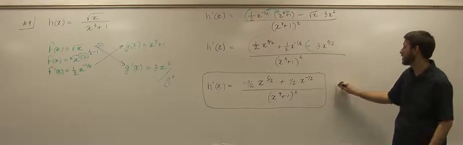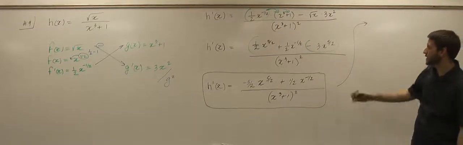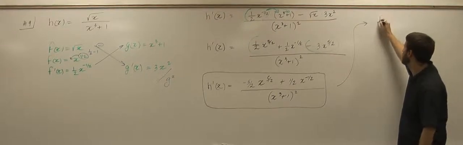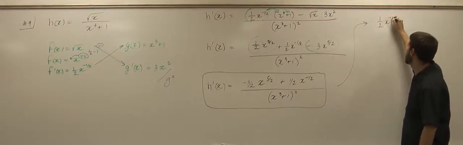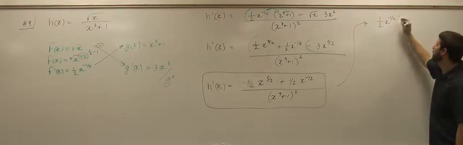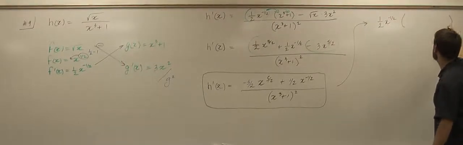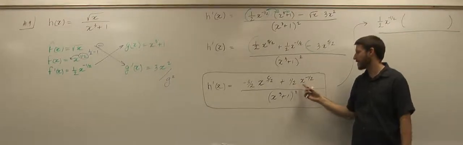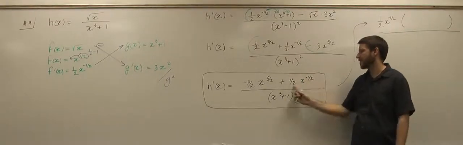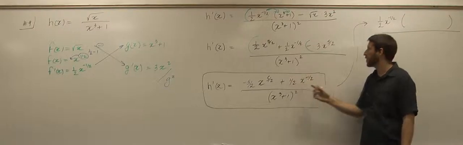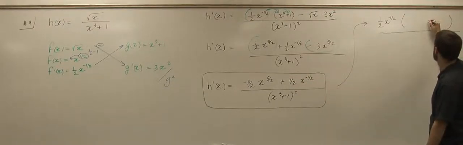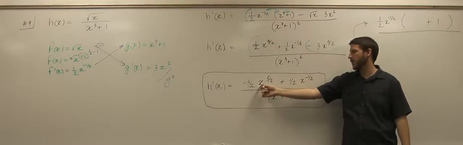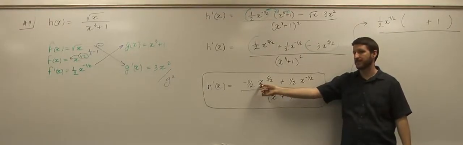So one way to do this, to make the negative 1 half go down, is to factor it. Factor out a 1 half x to the negative 1 half from the top. So if you pull out 1 half x to the negative 1 half from this guy, you're left with just 1. But the tricky part is pulling it out from here. What happens when you factor out a 1 half x to the negative 1 half from here?